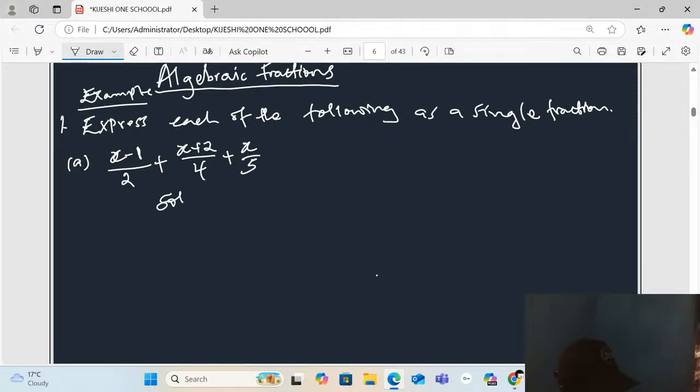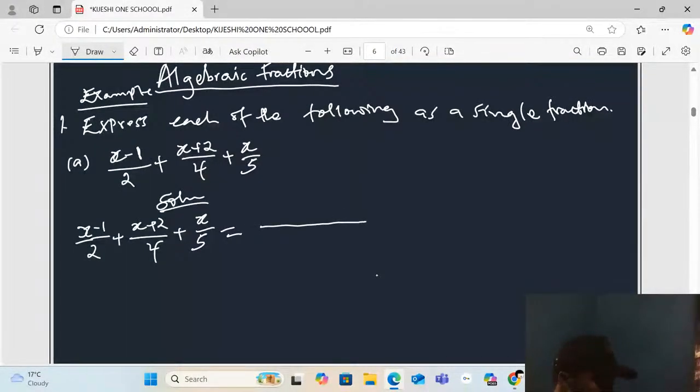So under solution, you're having x minus 1 over 2 plus x plus 2 over 4 plus x over 5. Now, this will be equal to, find the LCM for 3. What is the LCM of 2, 4, and 5? That is 20. 20 is the LCM.